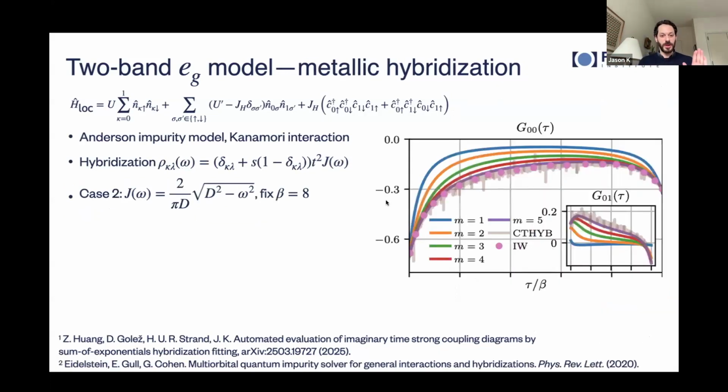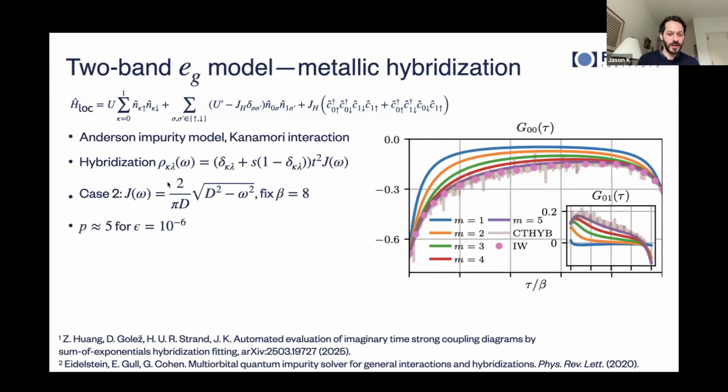Okay, so now we do the same example, but a harder case. We take this semicircular density, and again, this is harder for two reasons. One, it's a metallic system, so the hybridization expansion itself converges more slowly. And two, this is a continuous spectrum, so we have to really test how our AAA fitting works.